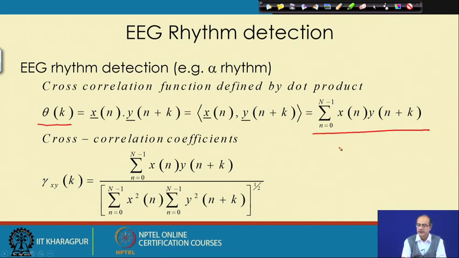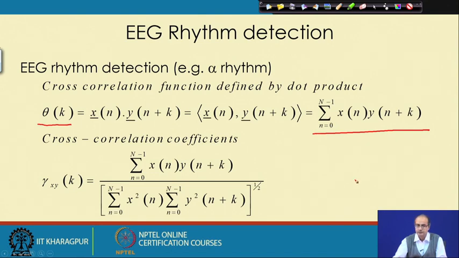That means if the two signals match well, this sum of products given by the cross correlation function will have a high magnitude.